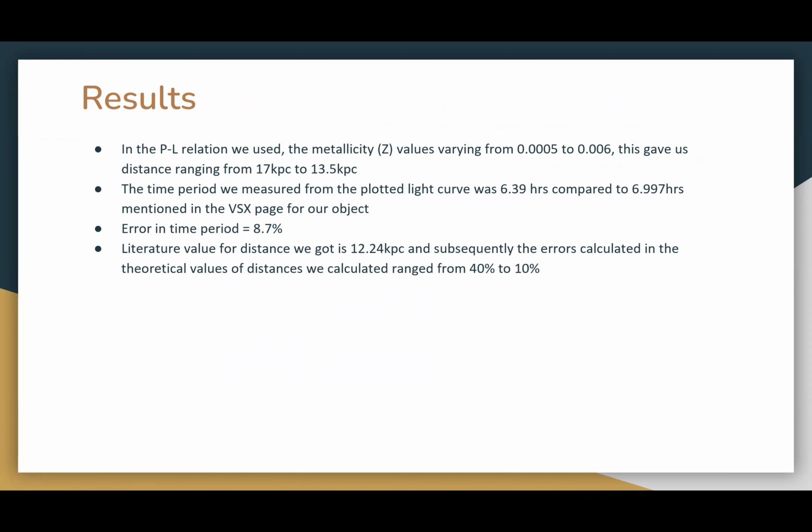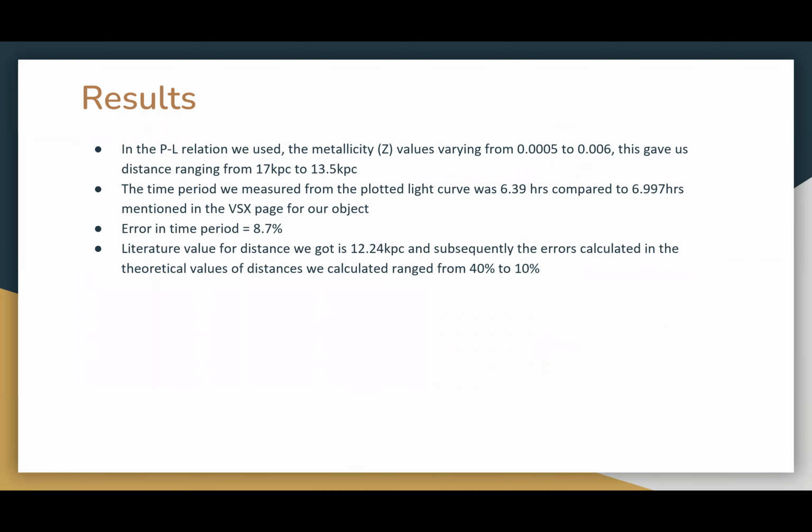So talking about results, in the PL relation we used the metallicity values I showed you. They varied from 0.0005 to 0.006, and this gave us a distance ranging from 7 parsecs to 13.5 kiloparsecs.